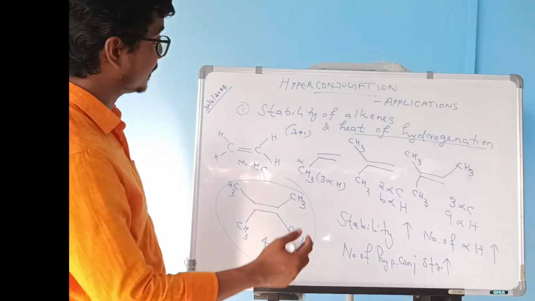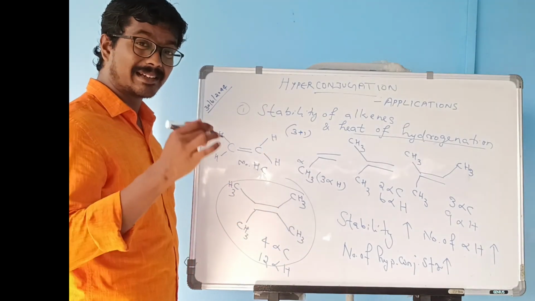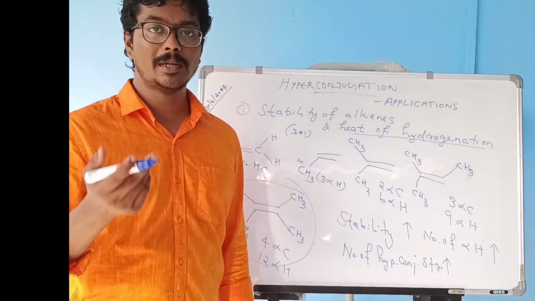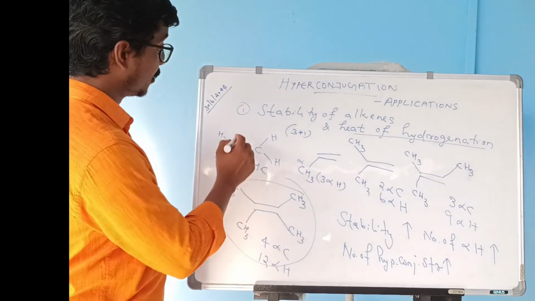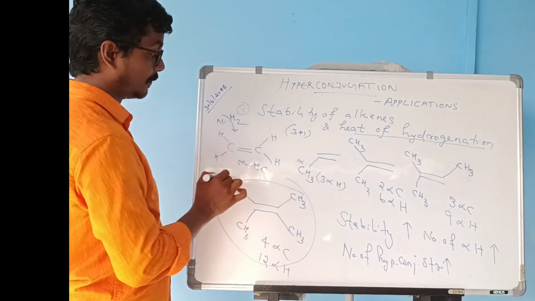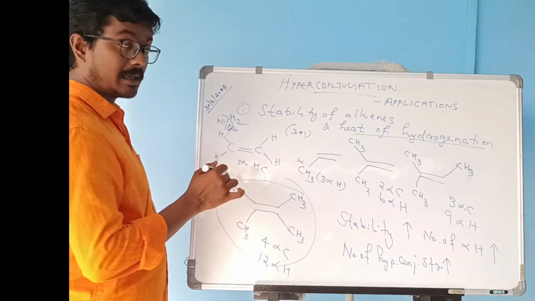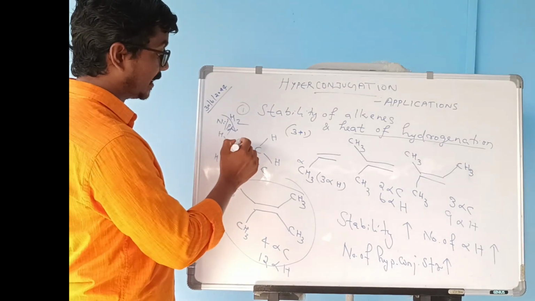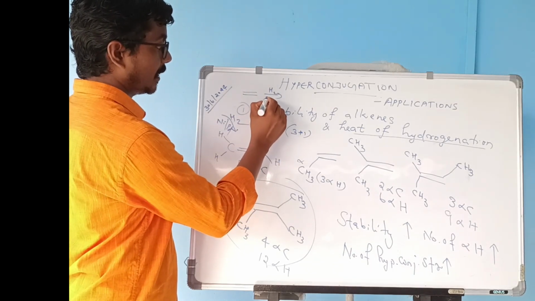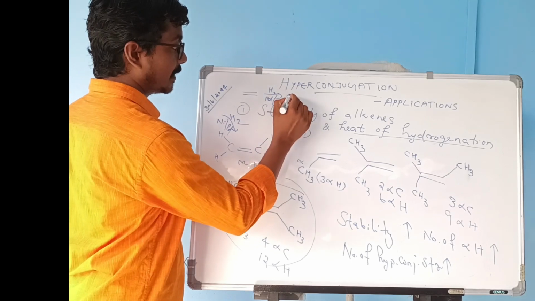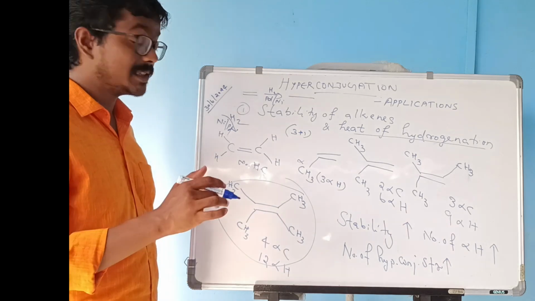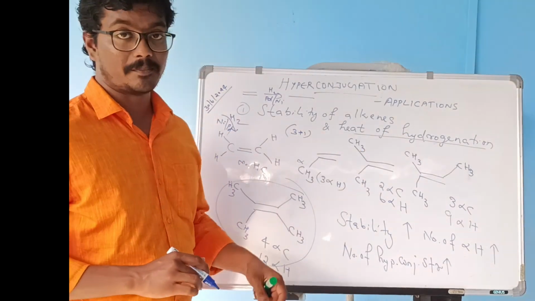What is heat of hydrogenation? It is nothing but the reduction of a double bond, the reduction of an unsaturated compound to a saturated compound in the presence of a metal. Usually, H2 reduction in the presence of nickel or palladium as the metal catalyst converts an alkene to an alkane, which is called hydrogenation.